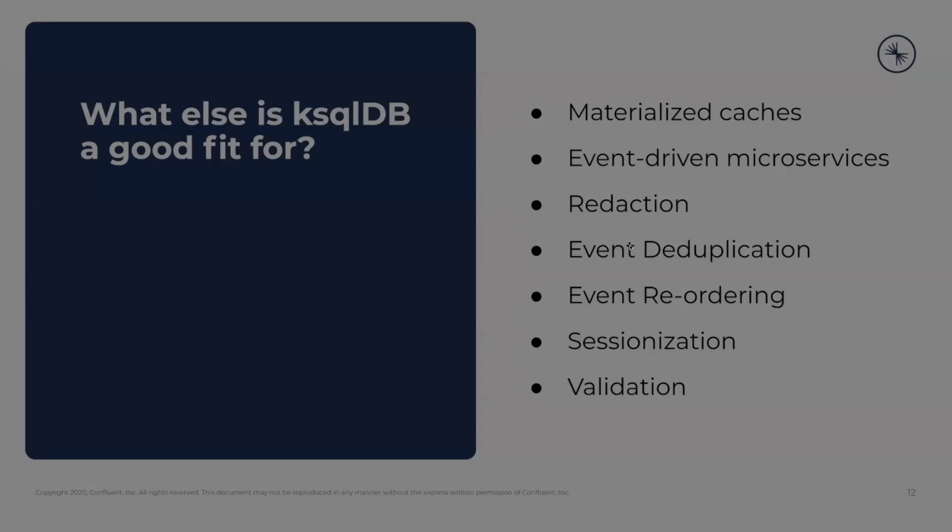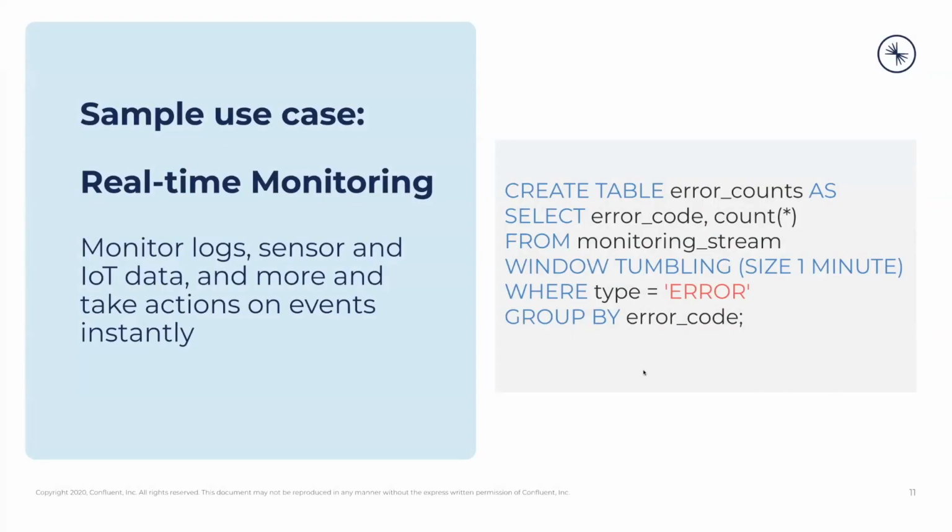But in this case, we are counting the number of errors and grouping by the error code and giving a count to that. So if you can imagine, this could output to an error counts topic, and you have yet another KSQLDB query that's listening on that topic and then alerting or sending special messages to other interested parties.